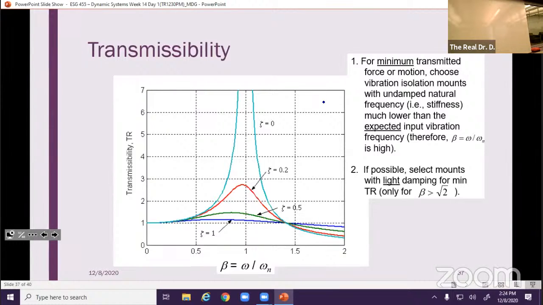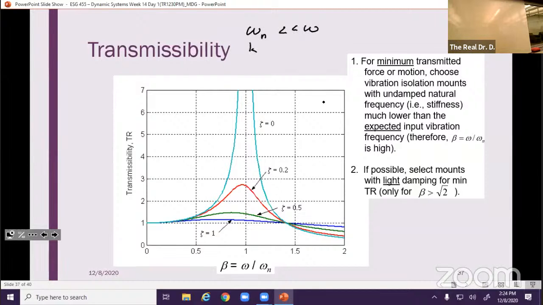Because the smaller the denominator is, the larger the fraction is, right? So if we're designing a system and we want to minimize vibration, we want to pick omega n much less than omega, right?